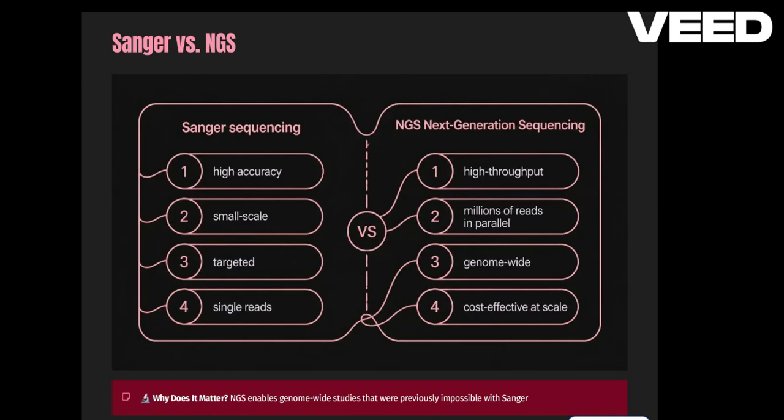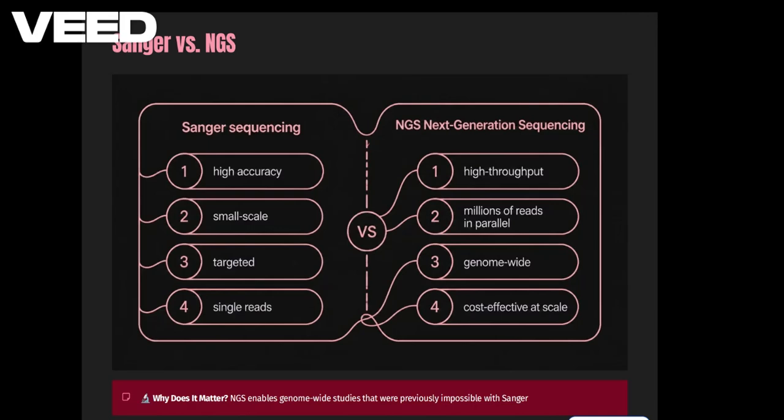This raw sequencing data is stored in files such as FastQ files. And now our bioinformatics journey begins. We take these FastQ files and perform quality control and downstream analysis. So remember this important flow: first, sample preparation, then DNA or RNA, then library preparation, sequencing, and generating the FastQ file, then starting bioinformatics data analysis.